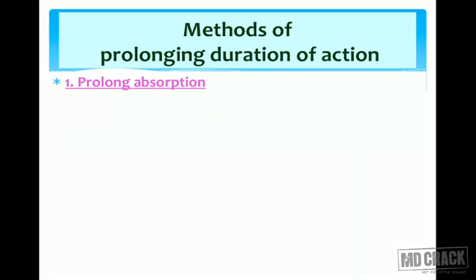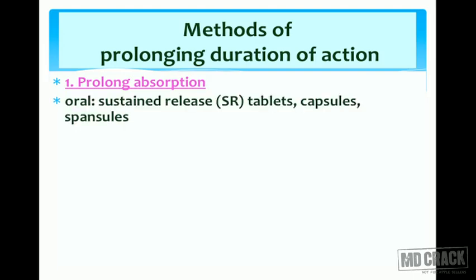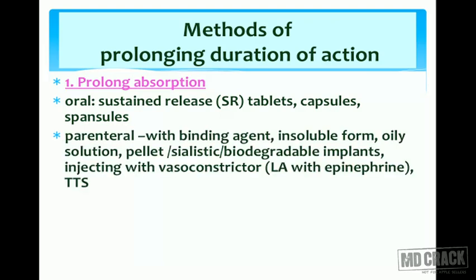Now we're going to see what the methods of prolonging the duration of action of a drug are. By simple logic, you can think of prolonging the absorption of drugs, and for this you can prepare sustained release capsules or tablets, which are called SR tablets or capsules or spansules.